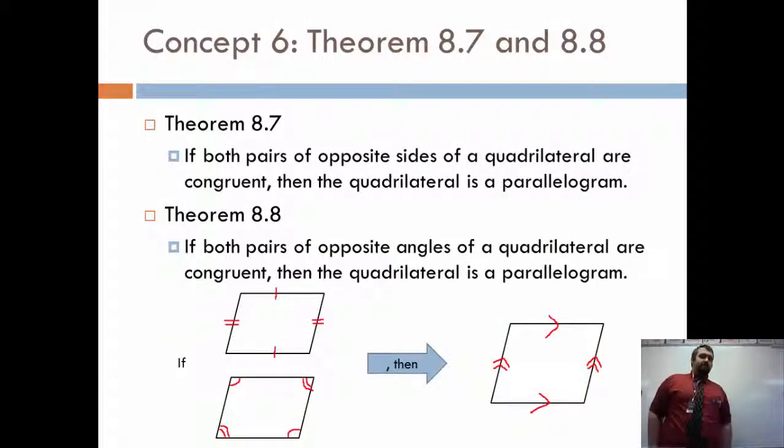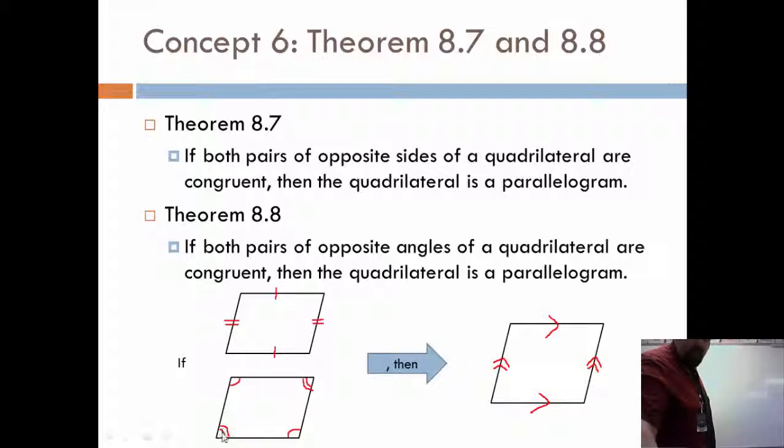The first 2 ways that I can tell if it's a parallelogram is by theorem 8.7 and 8.8. If both pairs of opposite sides of a quadrilateral are congruent, then the quadrilateral is a parallelogram. So that's the opposite of what we had before. If I have, like in the diagram up there, the top left parallelogram, so this one right here, the opposite sides are congruent, which means it's a parallelogram automatically.